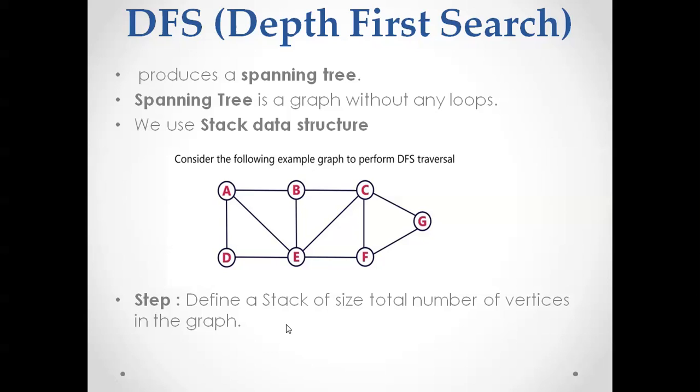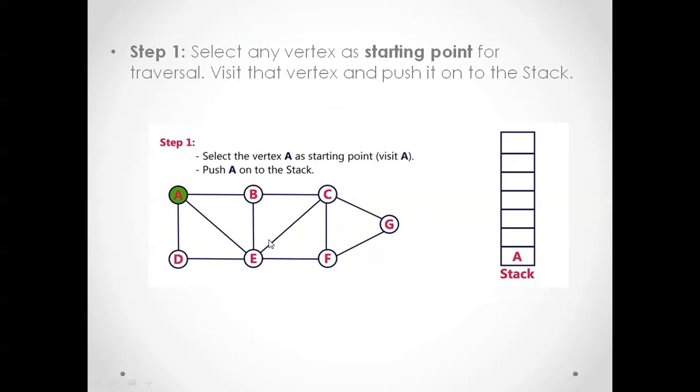Now which technique are we using? We are using DFS. Remember, whenever you use depth first search, the data structure is the stack. Let me start the process. Step number 1: select any vertex as a starting point for traversal, visit that vertex and push it on the stack.